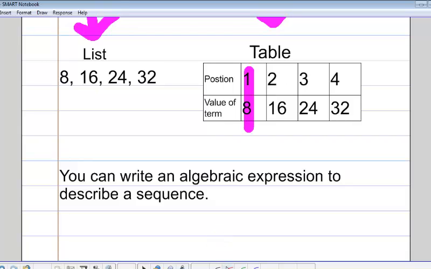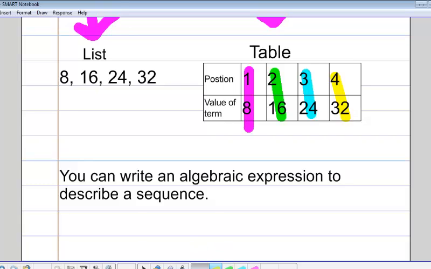Just keep that in the back of your mind. If you're looking at the second row, where it's position number 2, how do you get from 2 to 16? Well, you can multiply by 8. Okay. Third row, from 3 to 24, multiply by 8, and the fourth row, multiply by 8.